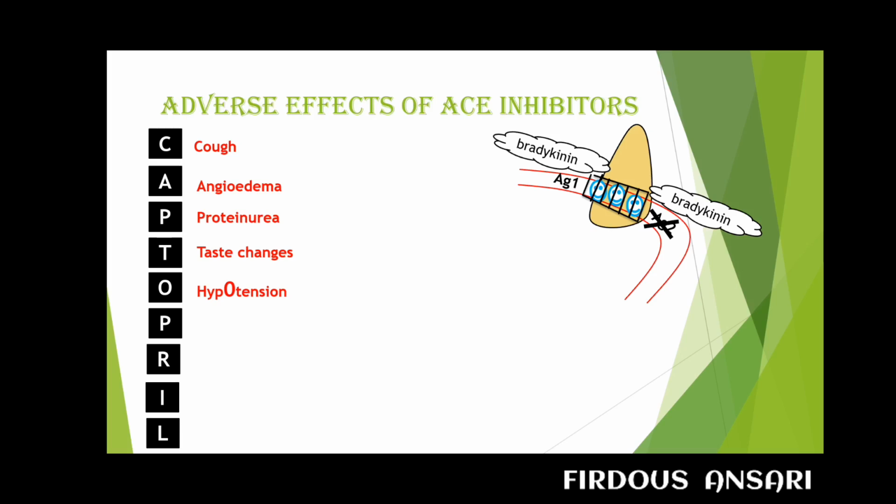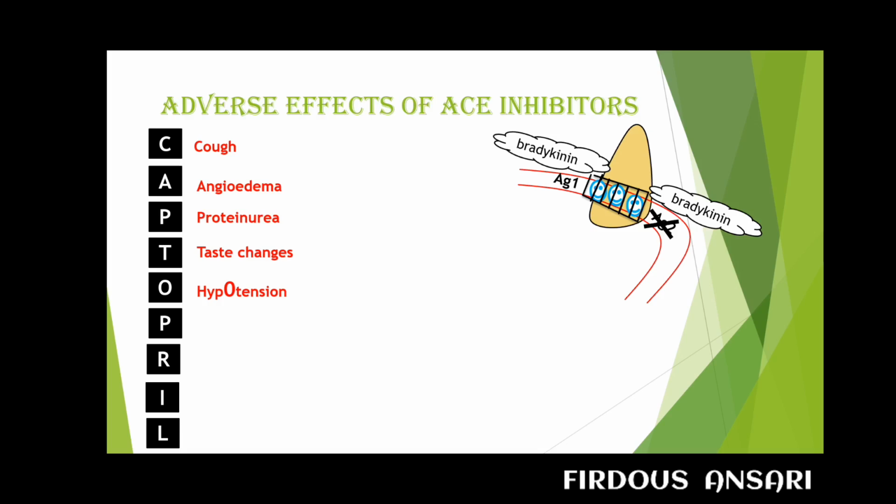Because of this increased plasma renin activity, it may lead to hypotension. So it is advised that we should start with low doses of angiotensin converting enzyme inhibitors, so that a very reduced amount of angiotensin 2 is inhibited, and slowly, gradually we can increase the dose of the drug.